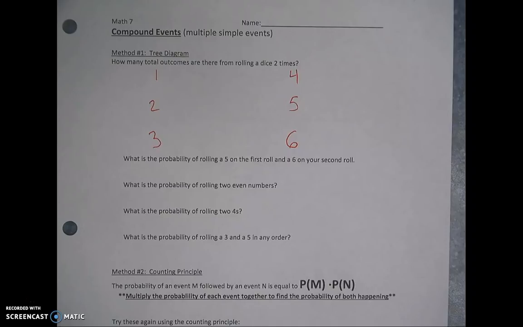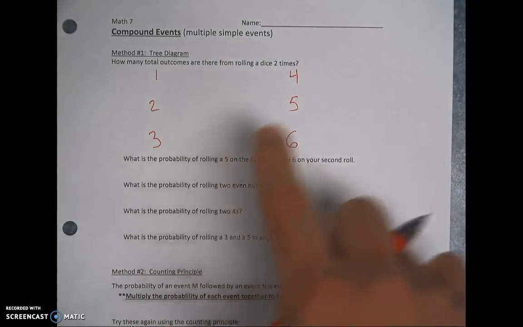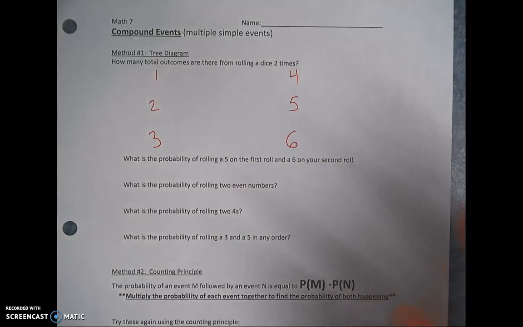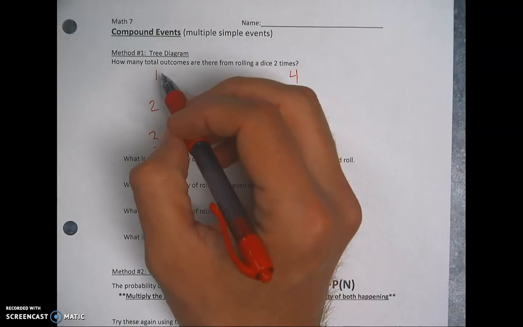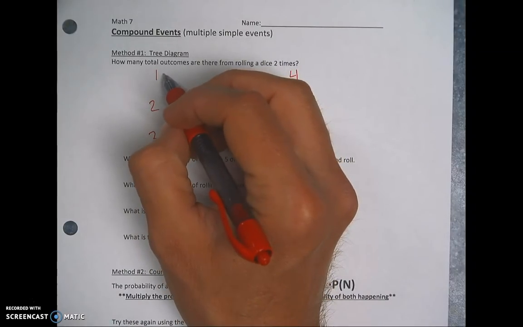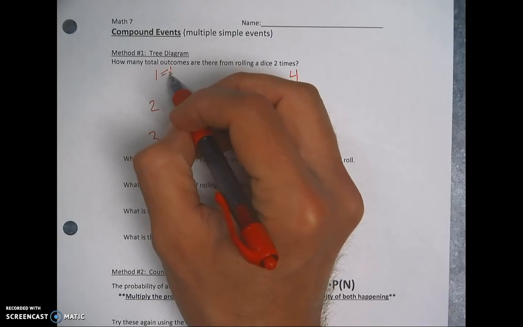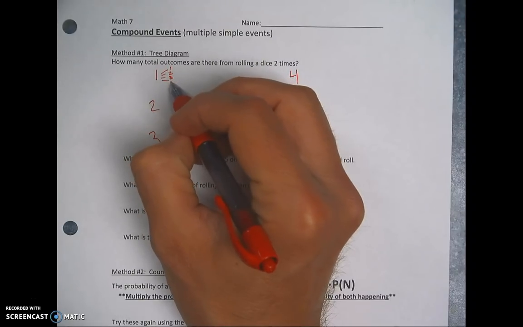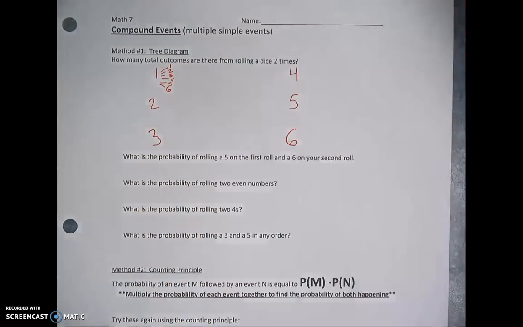There's only 6 options the second time, but there's a whole bunch of different combinations based on what I rolled the first time. So if I roll a 1 on my first roll, the next time I roll, I could again roll a 1, 2, 3, 4, 5, or a 6.